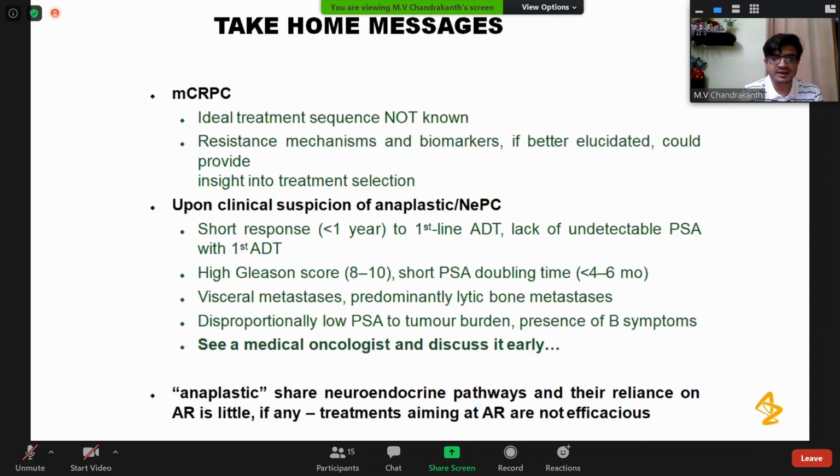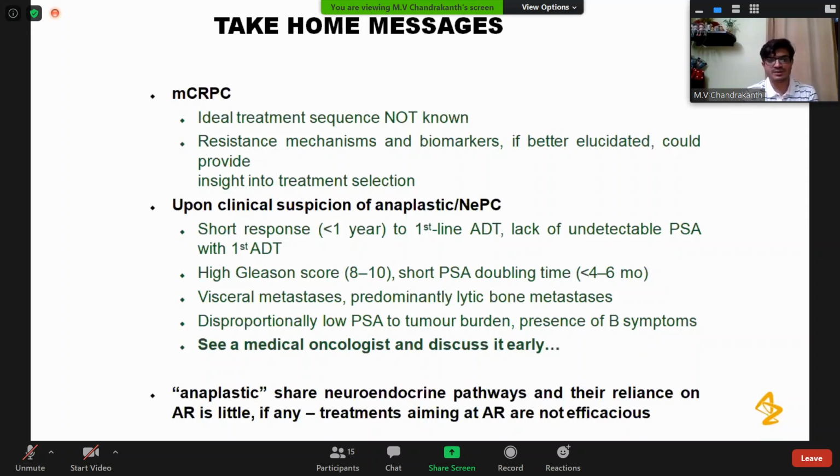And to add further, along with this, we also have to look into other biomarkers like BRCA mutations, preferably somatic BRCA, looking for the BRCA mutation in the tissue. If it is present, then olaparib or platinum has also shown some impressive results.